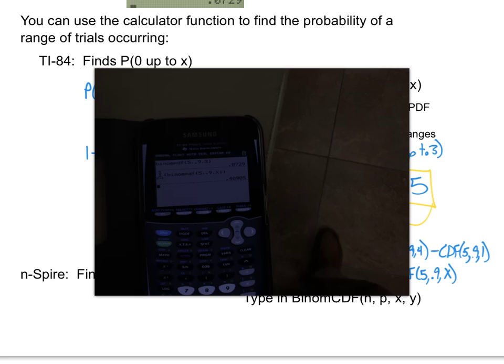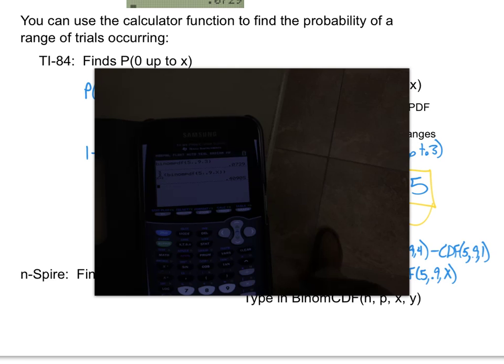So second distribution, we go down to binomial PDF. Be real careful. Binomial PDF. I want 5 trials. Each one has a 0.9 chance of success. But notice I'm going to plug x in for the x value, because my summation is going to plug in the different values, 2, 3, and 4.